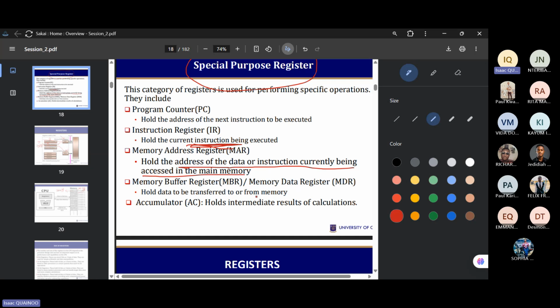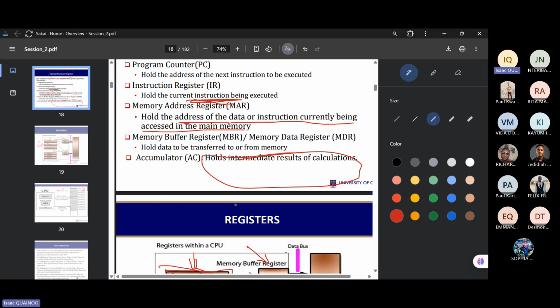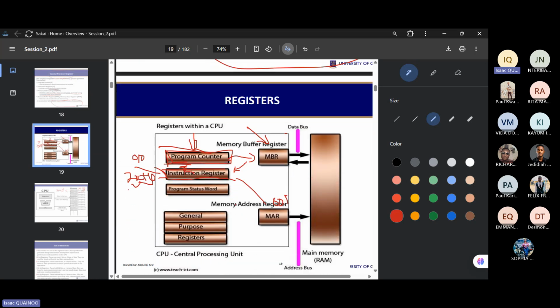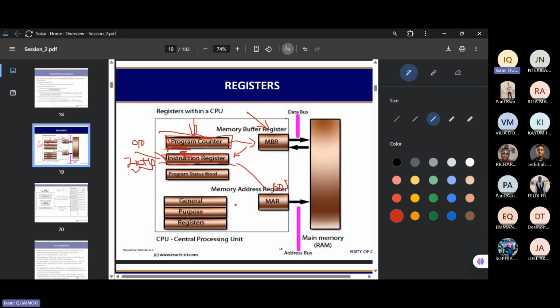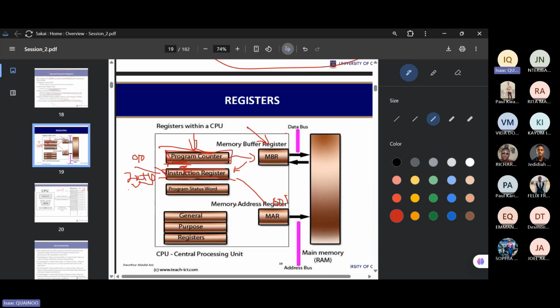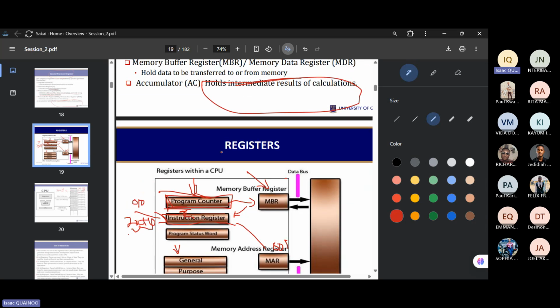So it holds intermediate results of calculations, okay? So your AC basically does what? It holds intermediate results of calculations that are being performed by the CPU, okay? So we can basically see that after all this, we have our general purpose registers, right?